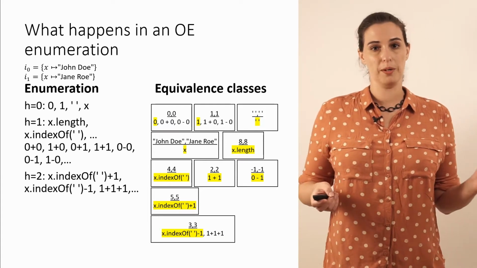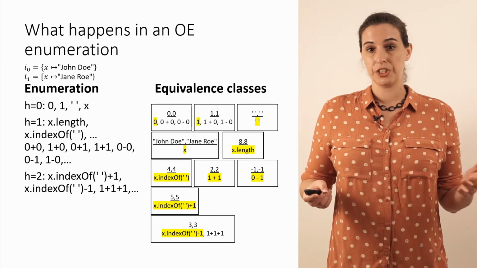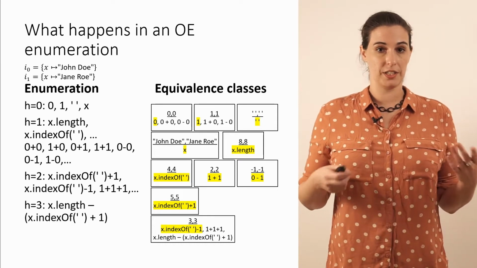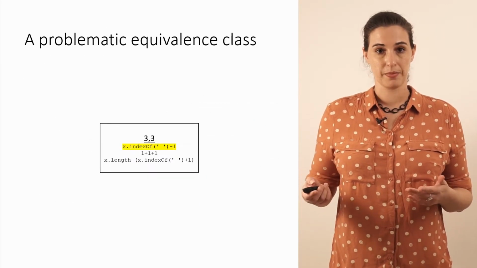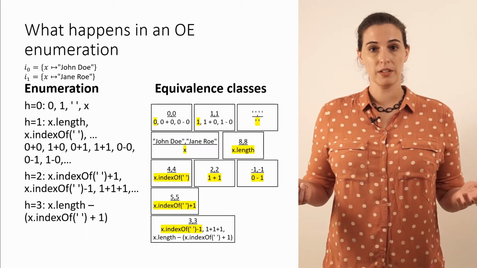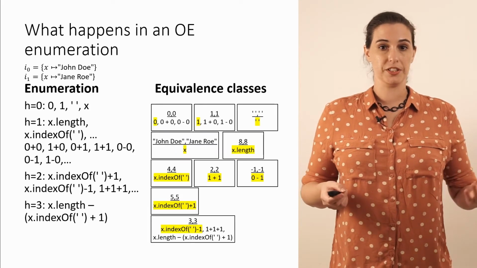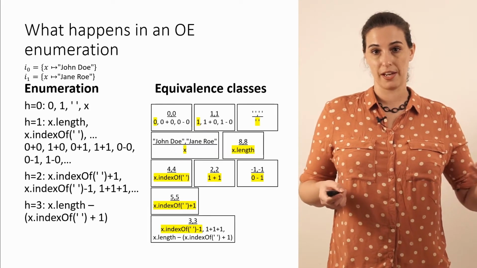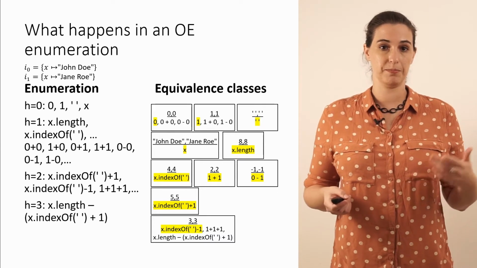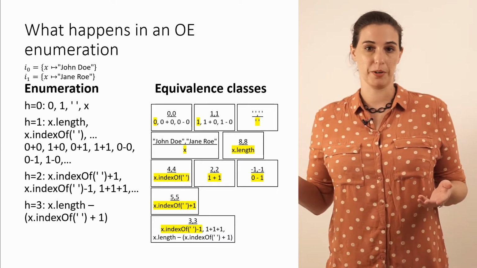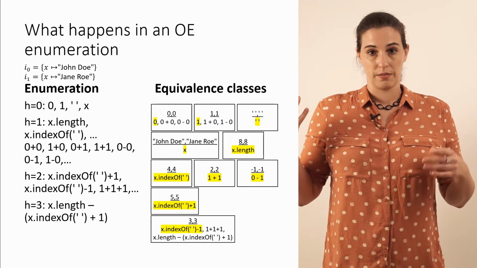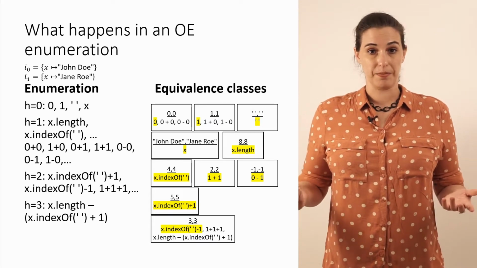We also get 1 plus 1 plus 1, which is in the same equivalence class as index of space minus 1. And then when we get to height 3, we get another program in this equivalence class, length of x minus index of space plus 1, which is part of our target program, which is going to get discarded.